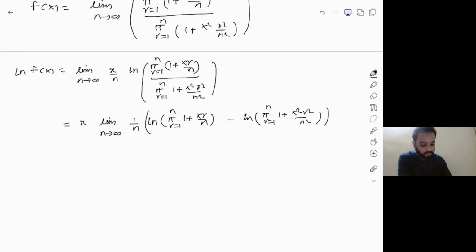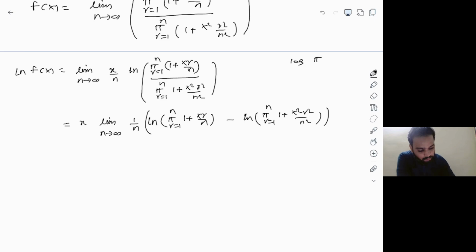Okay. Now if you observe carefully, this is like log of ABC, because when you have product notation, what is the meaning of that one? So it's like some A into B into C. So when you have log of A into B into C, it is nothing but log A plus log B plus log C. So log of pi notation changes to sigma notation, right? I hope you got the point there.